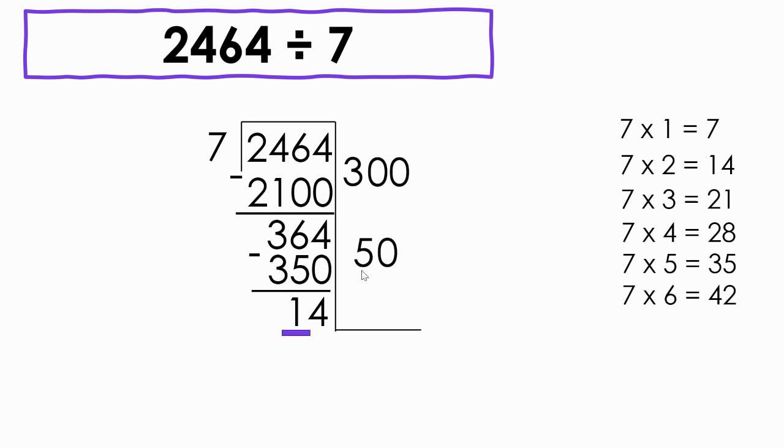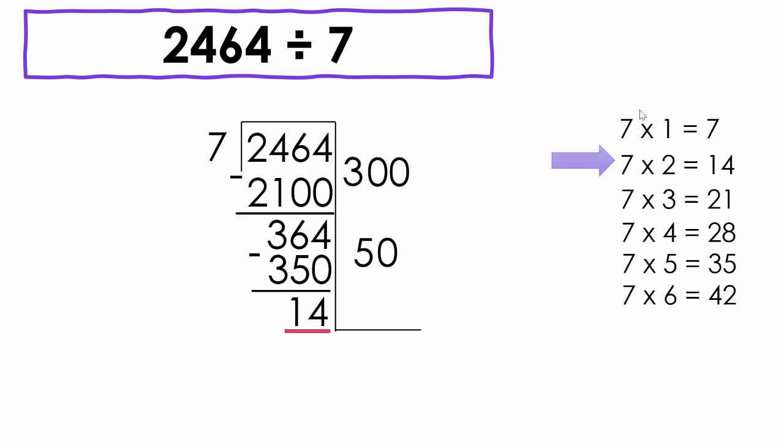Well, here we have a 1 in the tens place. But remember, our first multiple of 7 equals 7, so it's already too big. Instead, let's look at the ones. We have a total of 14 ones in the entire number. So we're looking at the list of multiples we've already written out to see how close we can get to 14 without going over. We can see the second multiple of 7 equals 14.